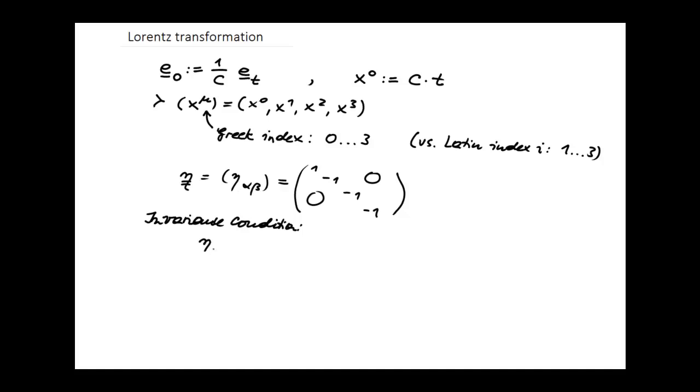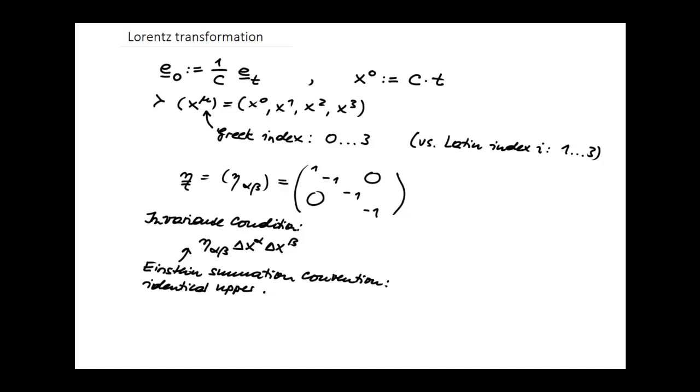We have eta alpha beta delta x alpha delta x beta, where I omit the sum sign, that's another convention that is typically applied, and use the so-called Einstein summation convention, which says that automatically identical upper and lower indices are to be summed over.